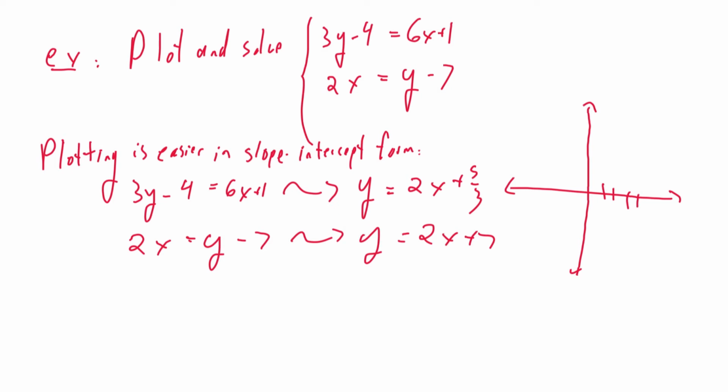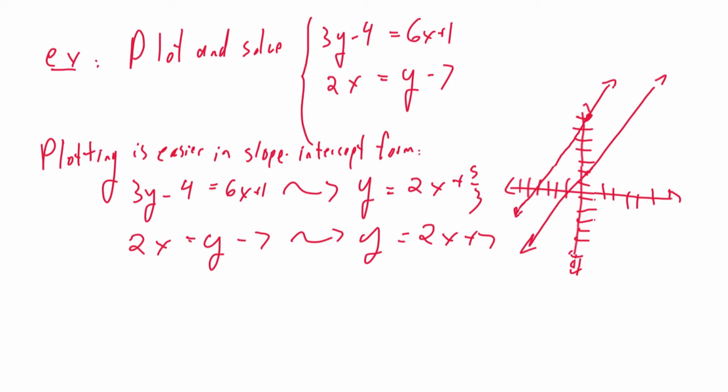So my rough sketch is something like that, and then 2x plus 7, something like this.